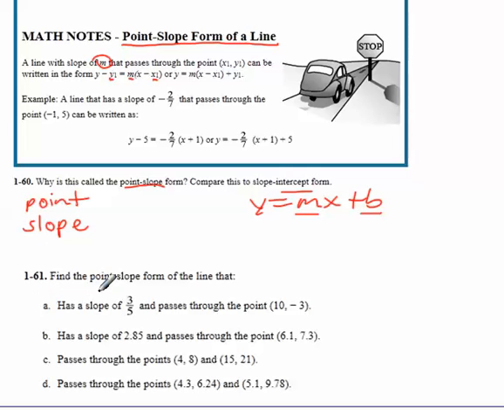Number 61: find the point slope form of the line that has this slope and passes through this point. So for A, basically we take that slope and this point and plug it all in. So y minus our y from our point, which is -3, equals m, which is 3/5, and then x minus our x, 10.